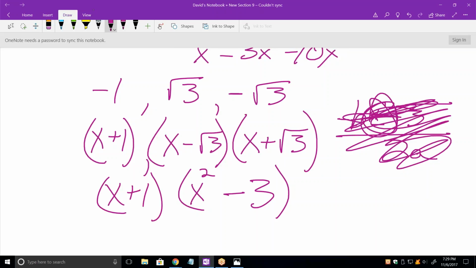Now, as long as we're talking about it, let's talk about difference of perfect squares. They don't need to be perfect squares. They just need to be numbers. I can factor if I want. If I had x minus 7, I can factor that into the square root of x minus the square root of 7 times the square root of x plus the square root of 7.